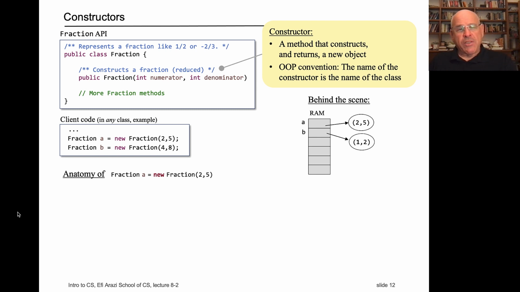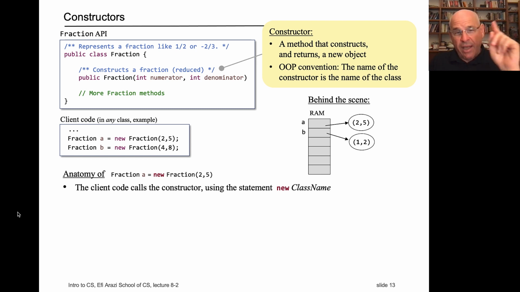Fraction a equals new Fraction 2/5. Well, the word new is a reserved word in Java. And basically the client code calls the constructor, which is a method, remember, using the statement new class name. Actually, we call the constructor, which has the same name as the class name.